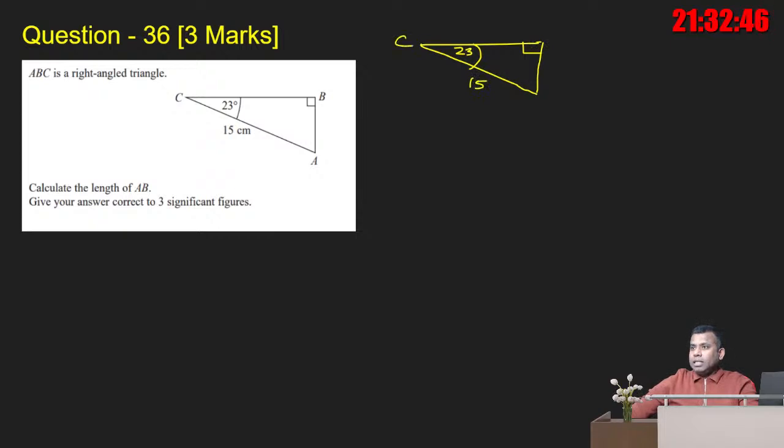So this is C, this is B, and this is A, right? Now calculate the length of AB. So I'm going to mark AB as the question mark, right?